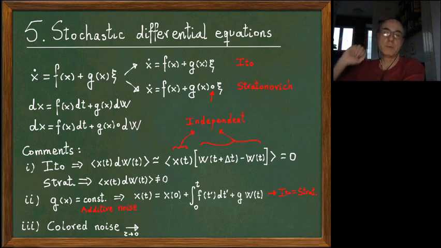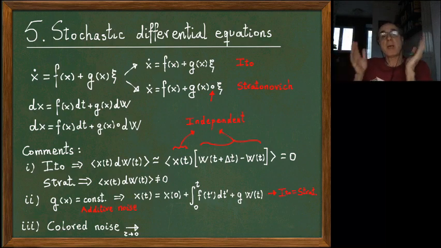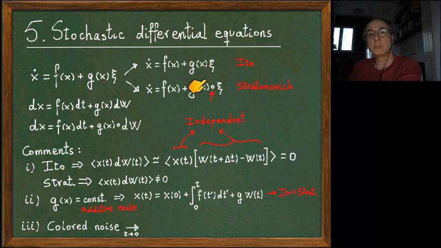We have seen before some examples, the Ornstein-Uhlenbeck process, and some other examples where a color noise can go to a white noise. So one can ask, if I have my equation with color noise, and I make the correlation time go to 0, what is the result? Well, the result is the Stratonovich interpretation, if there is no other small scale.